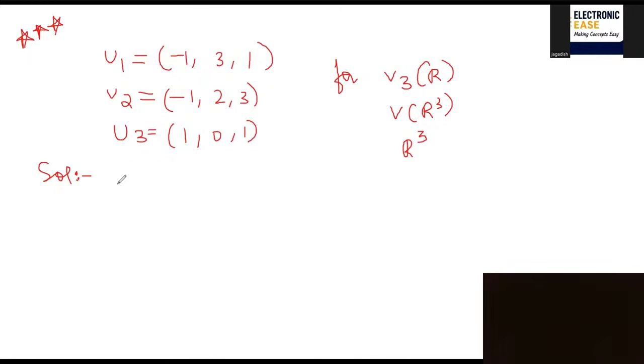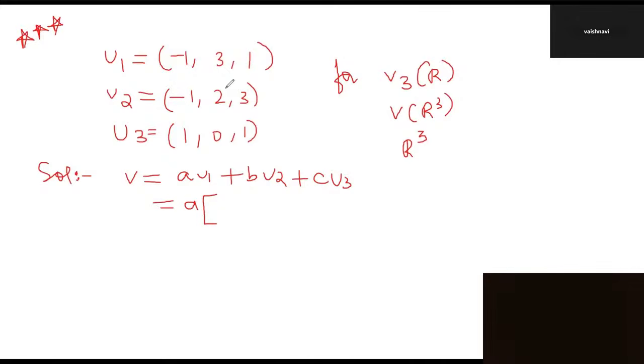So the formula for V, students, is A into U1 plus B into U2 plus C into U3. So this is the formula here. What is the U1 vector, children? A into U1: here -1, 3, 1. Very good.